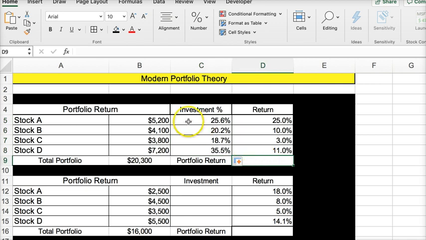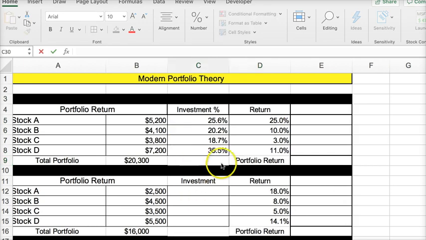So now we have the investment, we have the return, and we want to calculate the portfolio return. If we want to calculate the portfolio return, we take what we'd call the weight times the rate, or in this case, the investment percentage, and we multiply that by the return.